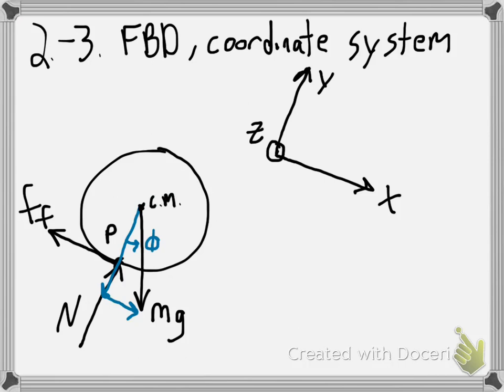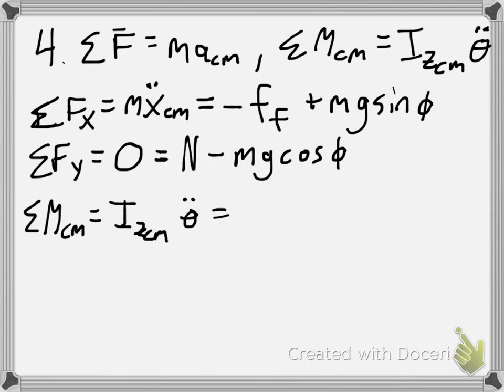And the mass times gravity obviously acts through the center of mass. So the only thing we have is the force of friction. Is that positive or negative moment? Negative moment. And what is its perpendicular moment arm? R, the radius of the disk or the object. So I have minus force of friction times R.